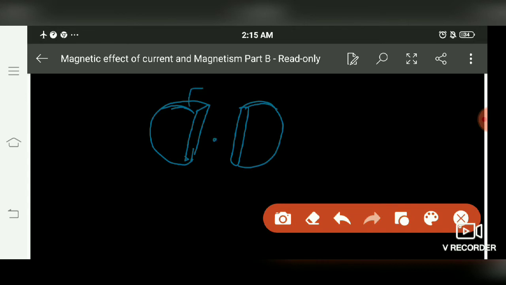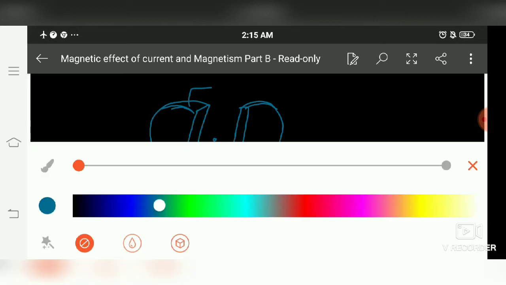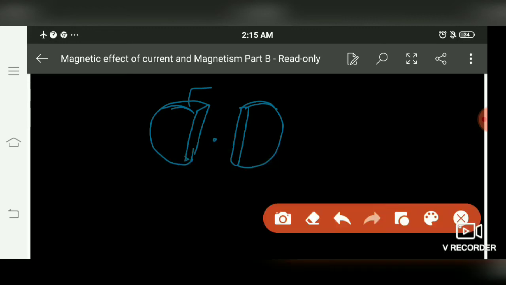These two Ds are connected to a high tension oscillator, which keeps on changing its polarity. Initially during the first cycle, if polarity is plus here and minus there, during the second cycle polarity is going to be minus here and plus there. So polarities keep on changing.